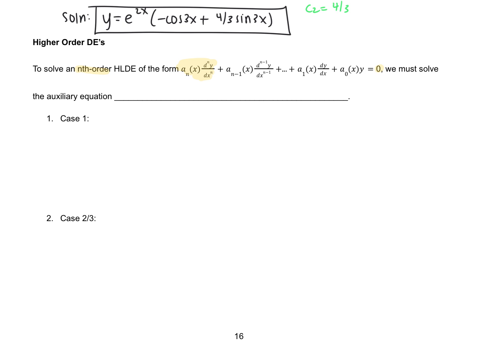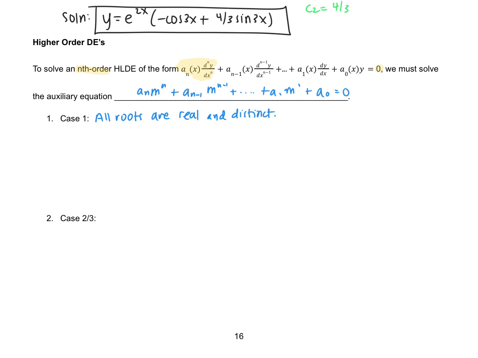The auxiliary equation in this case will be a_n m to the nth power, add a_(n-1) m to the n minus 1, all the way down to a1 m to the first, add a0 equals 0, where all of those a's are just constants. So we're still solving the auxiliary equation. The first case is that all of our roots are real and they're distinct.